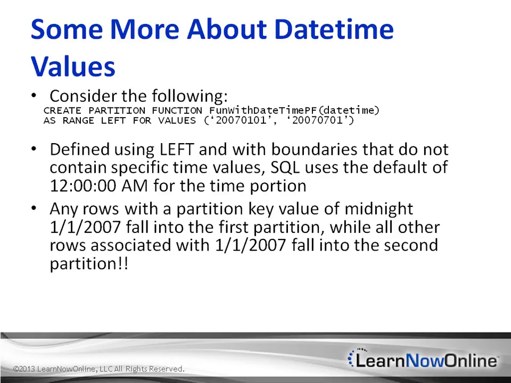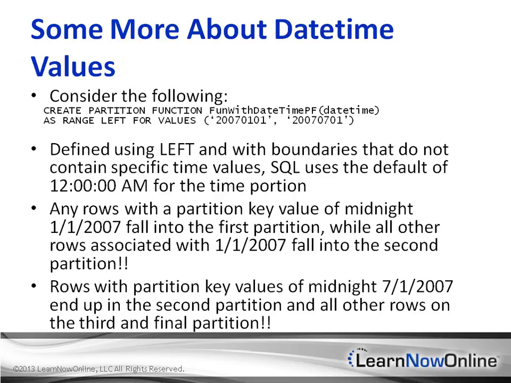So any rows with a partition key value of midnight, January 1st, 2007, actually fall into the first partition, while all other rows in January 1st, 2007 fall into the second partition. The same is true for partition key values of midnight, July 1st, 2007.